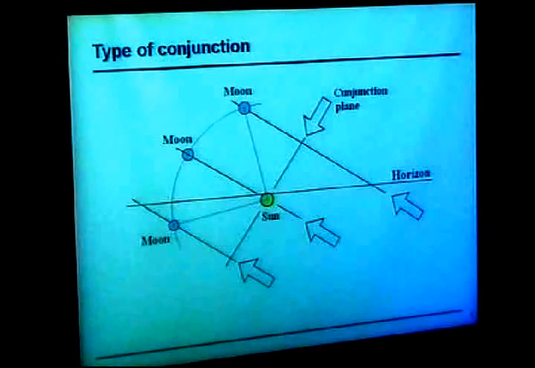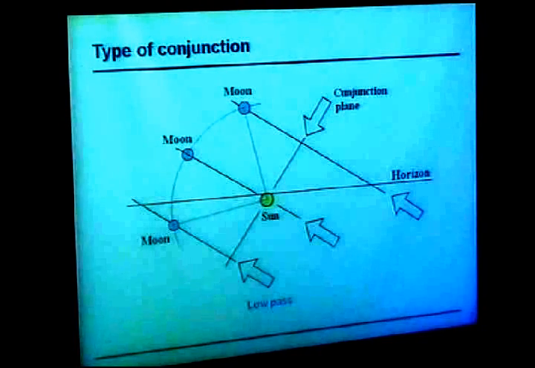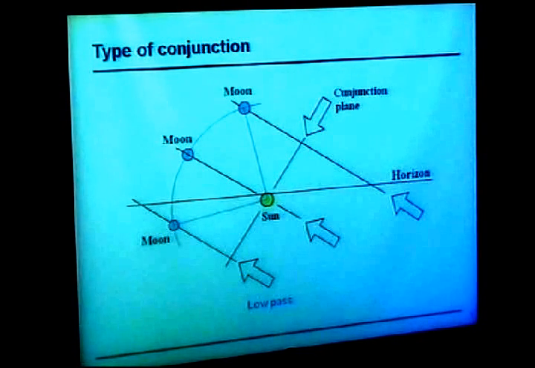There are 3 types of conjunction. The first is low pass, that means the Moon passes under the Sun, at the minimum latitude of the ecliptic.